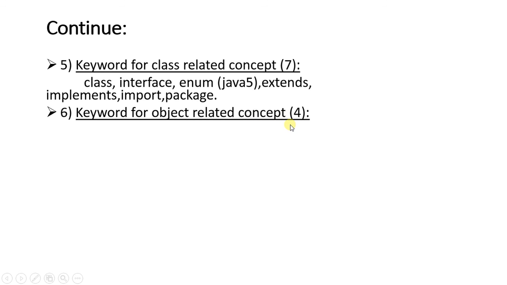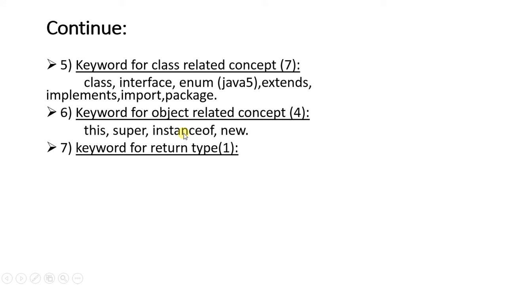Only four keywords belong to this category: this, super, instanceof, and new. Again, keyword for return type: only one keyword, void. What is meant by the void keyword? It means we cannot return any value. At that time we can use the void keyword.